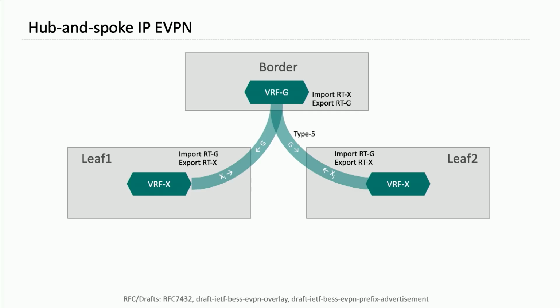Now you might say, hey, if VRFG advertises down a default route, you can actually forward from VRFX on leaf 1 to VRFX on leaf 2. That is possible. So if you don't want that behavior, you can implement a routing table policy to prevent it, or there are other ways of doing that as well.